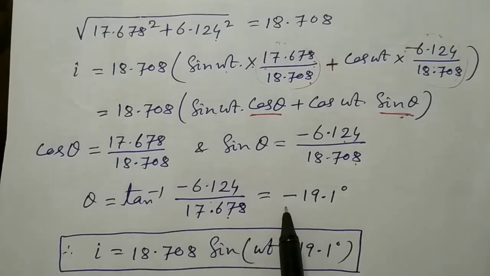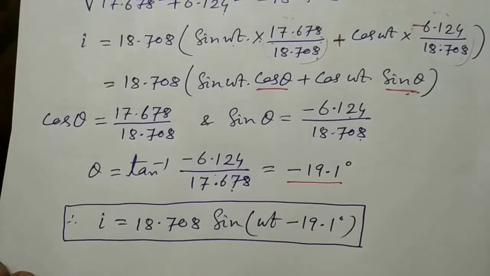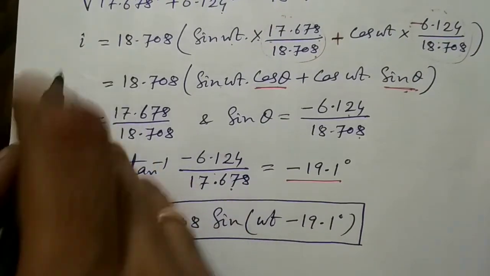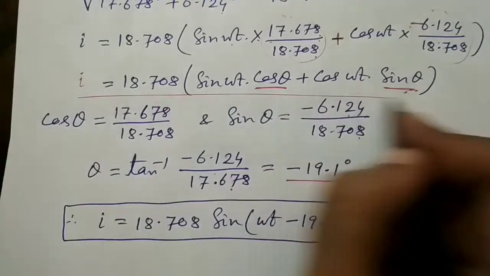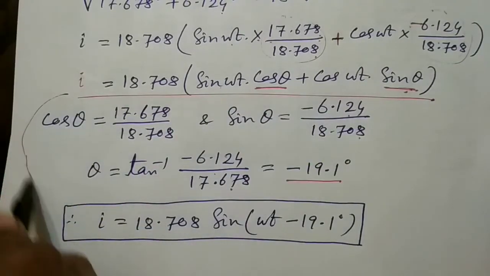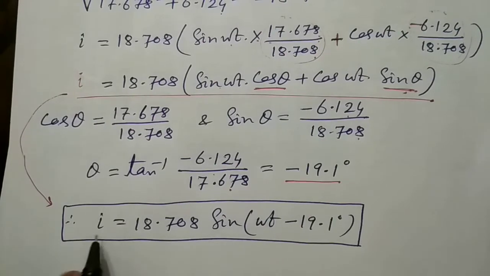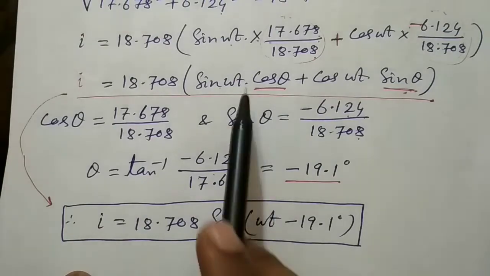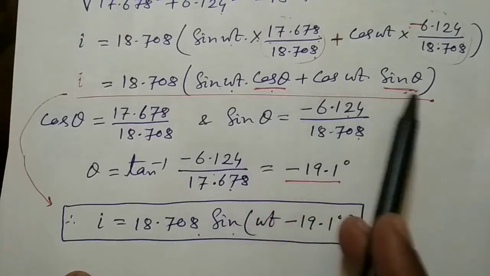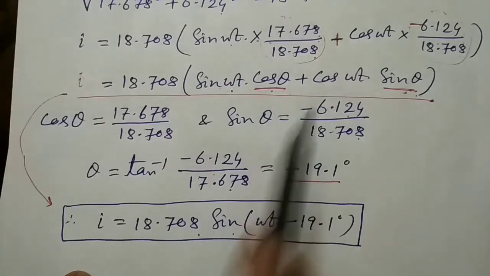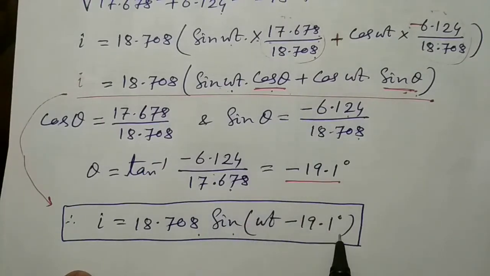So finally it will be minus 19.1 degrees. So the current can be written in the final form, I equal to 18.708 sin omega t plus theta, where theta is equal to minus 19.1 degrees.